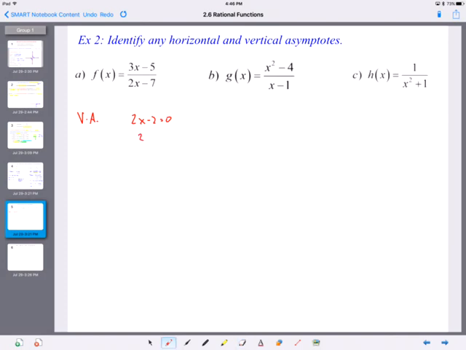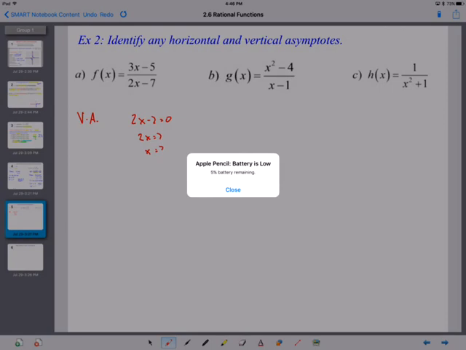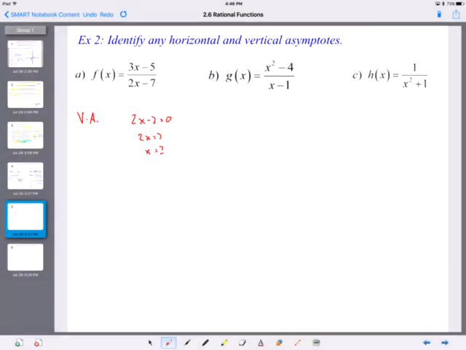So if you add 7, divide by 2, 7 halves. And so at x equals 7 halves, you have a vertical asymptote. So vertical x is equal to 7 halves.